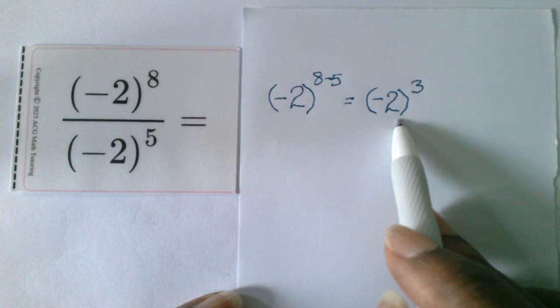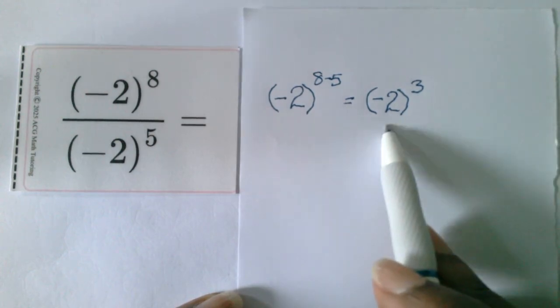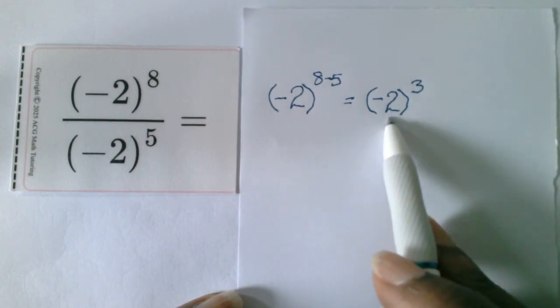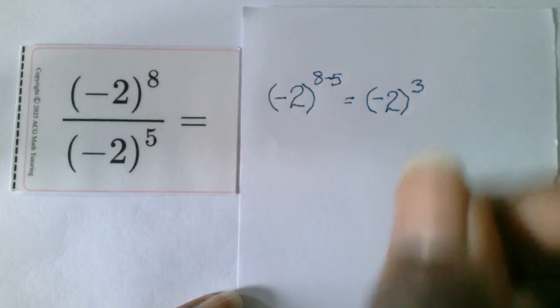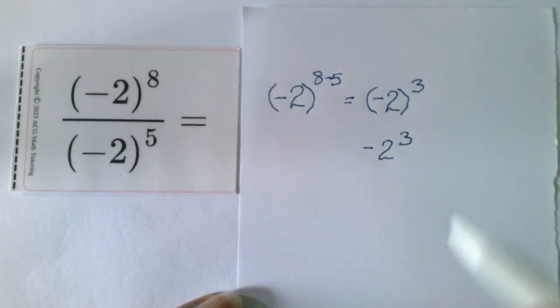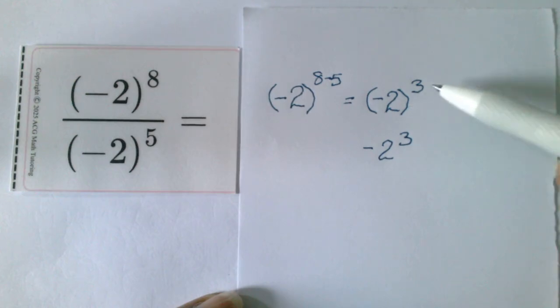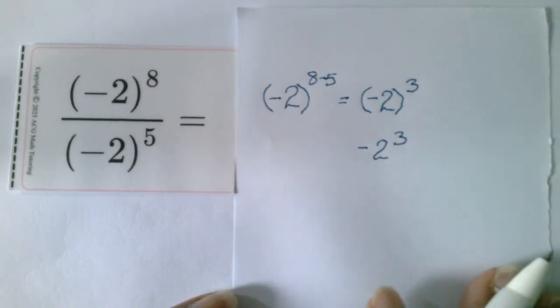Now, to the third power is also the same as cubed. So when you see a negative, make sure you put parentheses around the -2, because -2 cubed is completely different from having the parentheses around the -2 and cubed. And let me show you why.